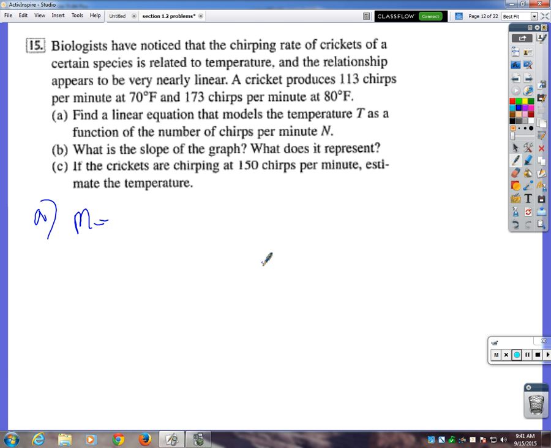So I had a question. At first, I did the X as the degrees because I was doing minutes, but then the answer was wrong, so I had to switch it. So I had to go 113, 70 for the points, because I needed another point. You know what I'm saying?